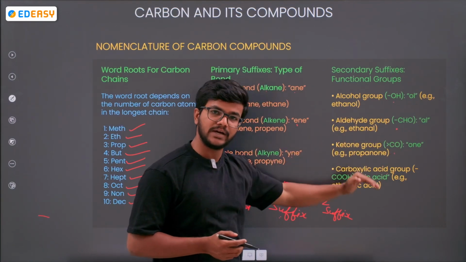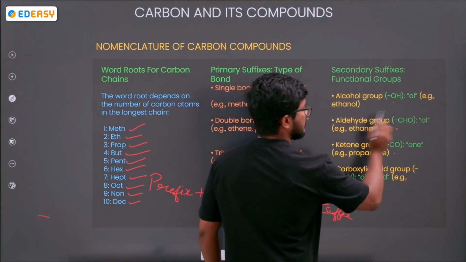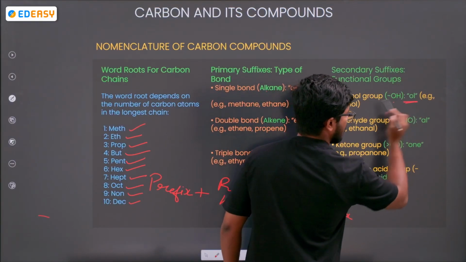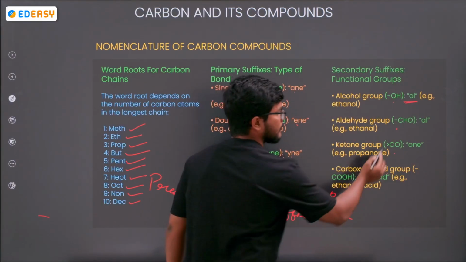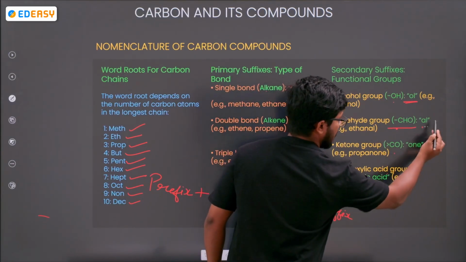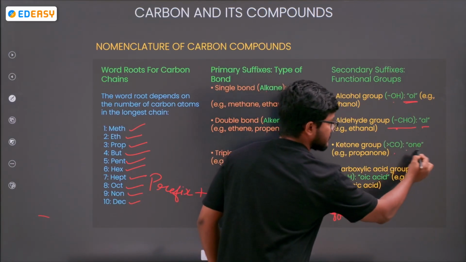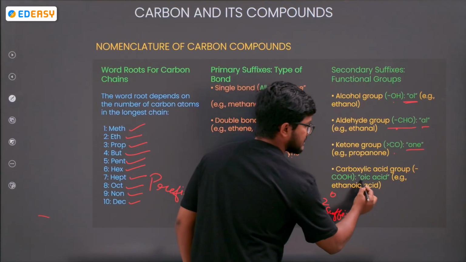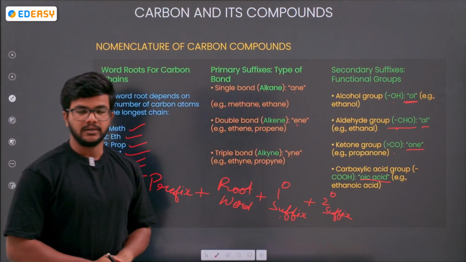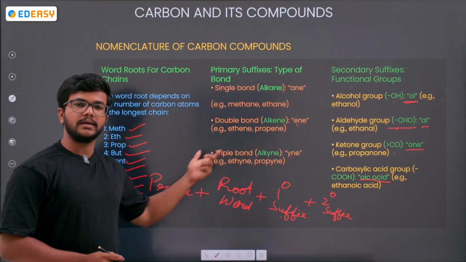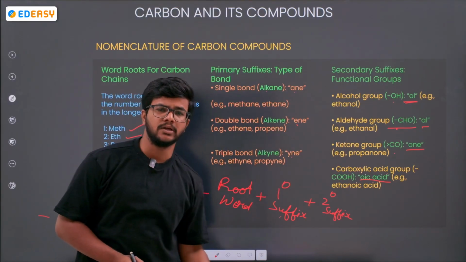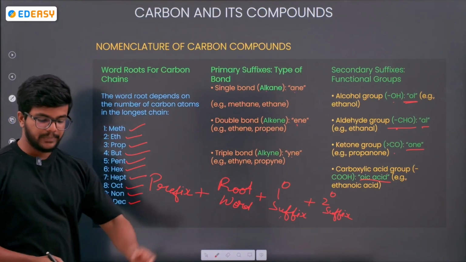For each functional group there is a different suffix. For alcohols we have ol, for aldehyde CHO, al, ketone ends with one, carboxylic acid ends with oic acid. Okay, this is about the root word, primary suffix and secondary suffix. What is the prefix then? What is the prefix?